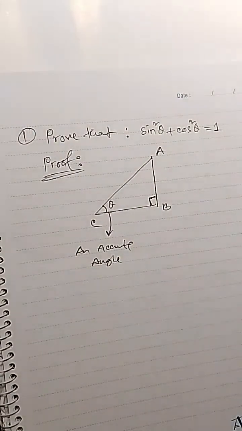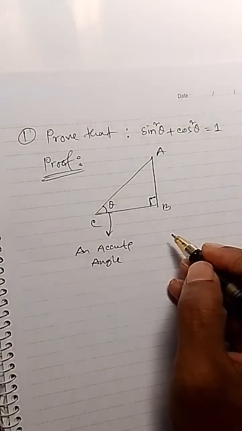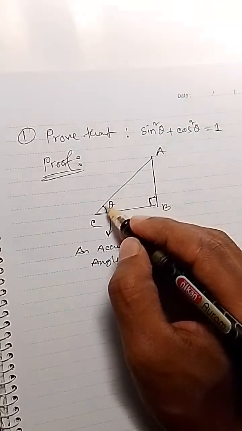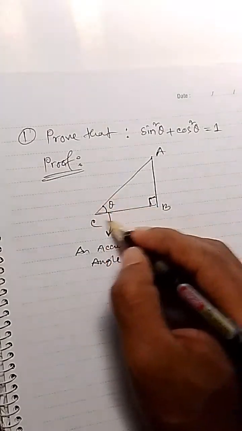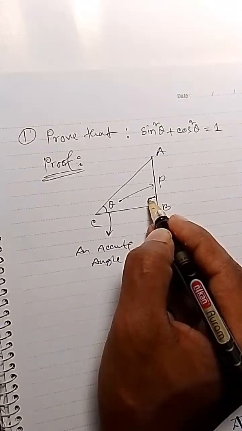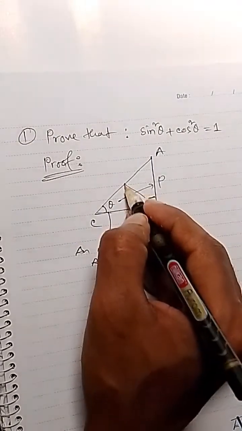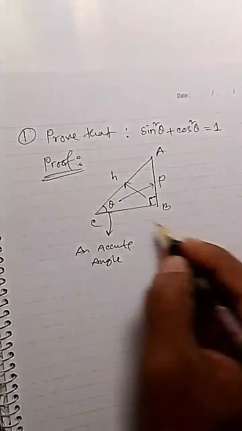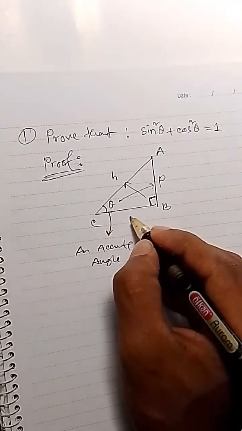Acute angle. So the opposite of this acute angle is called perpendicular, and the opposite of this right angle is called hypotenuse, and the other one is base.